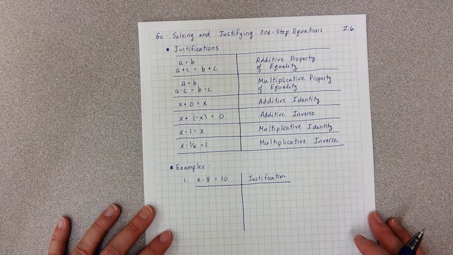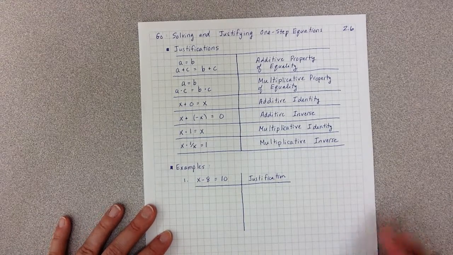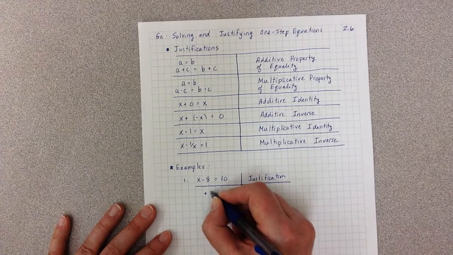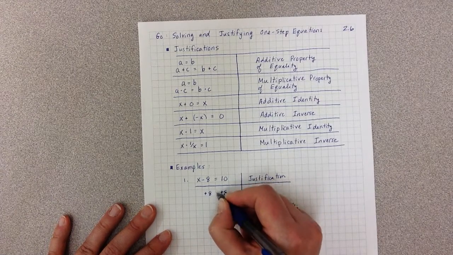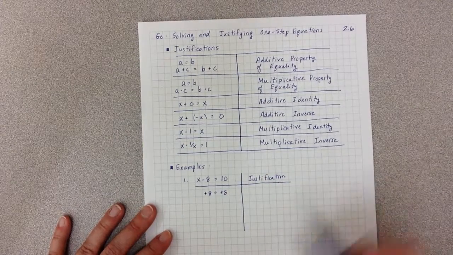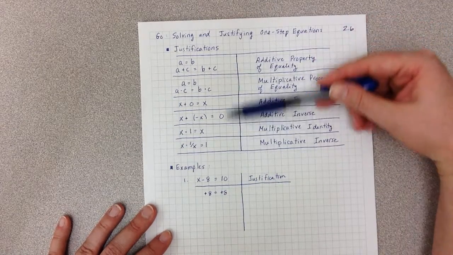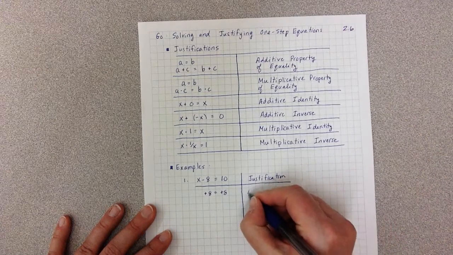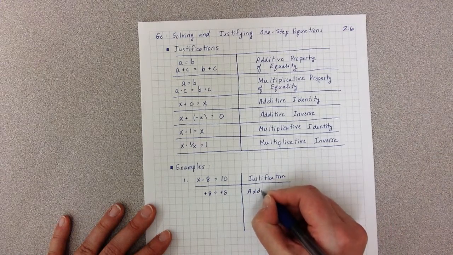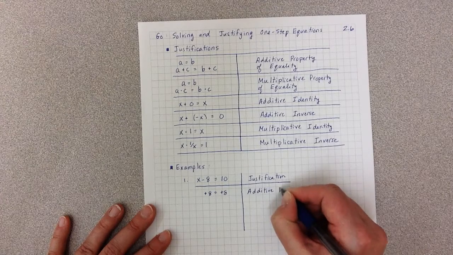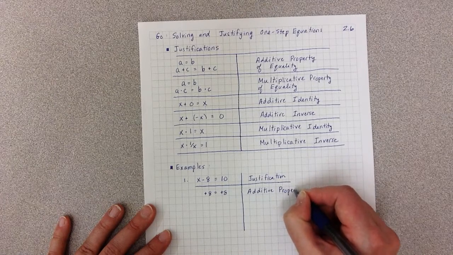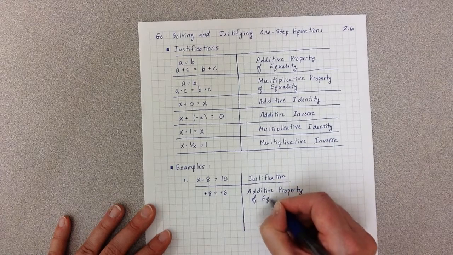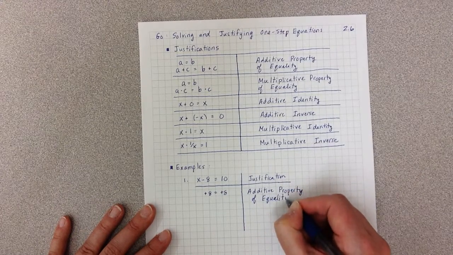So on the left-hand side, I am going to add 8 to both sides of the equation. And if we look up at the top here, adding the same thing on both sides is this very first property. So we call this additive property of equality.